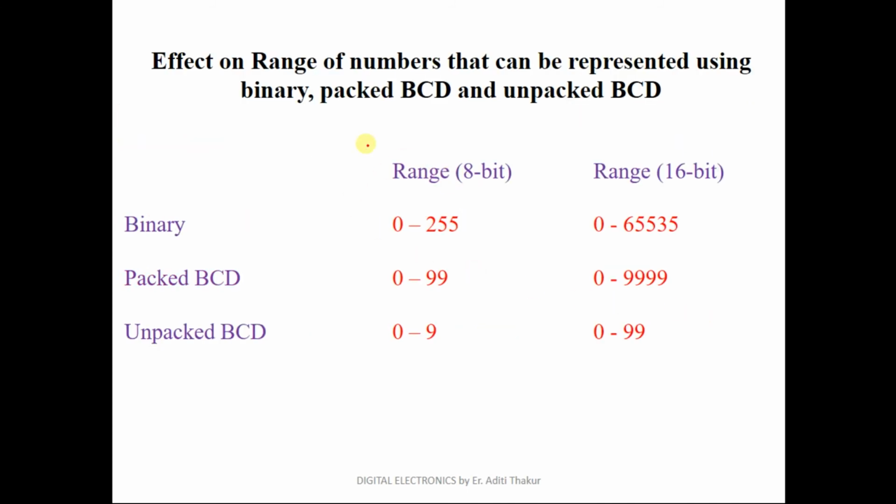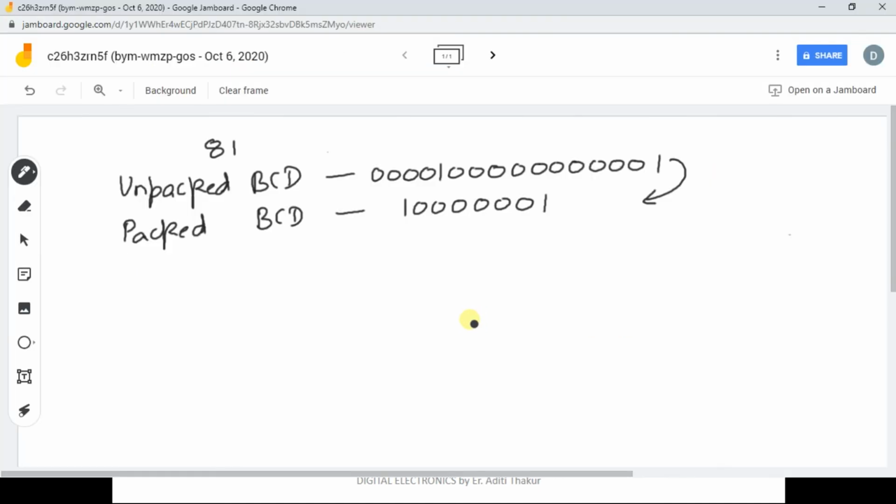Now here we can also see the range. What will be the effect on the range if we just talk about the binary number, and we consider an 8-bit number? We know that the range for an 8-bit number is from 0 to 255, but for packed BCD this range changes to 0 to 99, and for unpacked 0 to 9. We can understand this by example, with an 8-bit number.